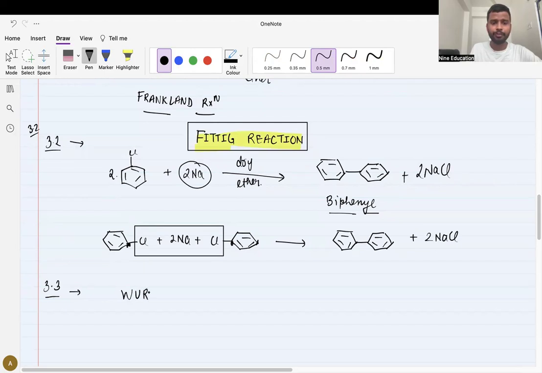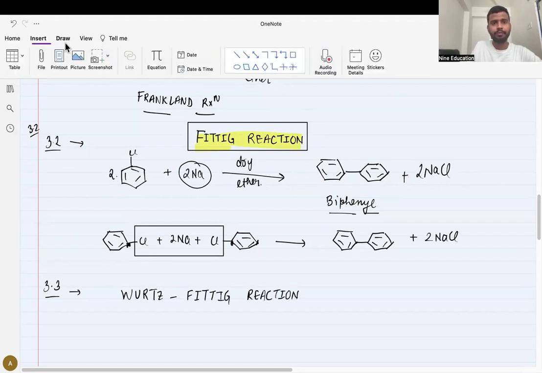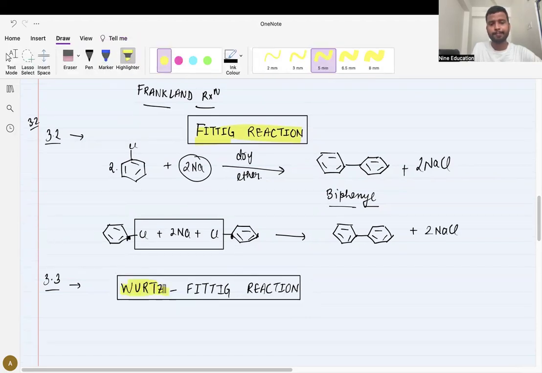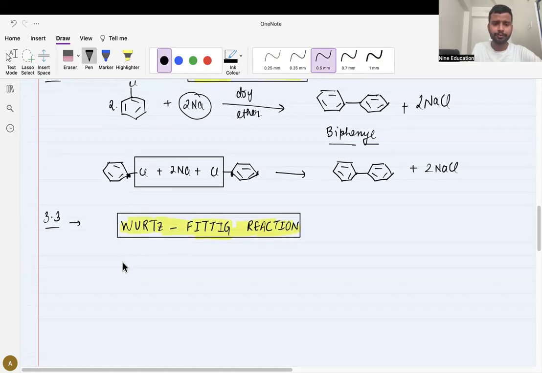लास्ट वन देखें, we have Wurtz-Fittig reaction. देखें what will happen in this. Let's say in Wurtz-Fittig, I have one aromatic alkyl halide and I have one aliphatic alkyl halide.